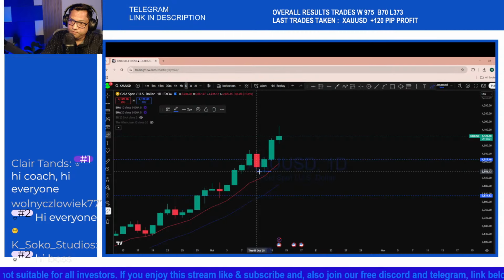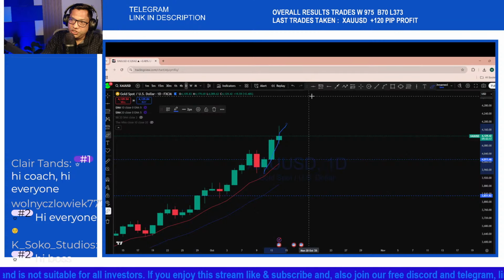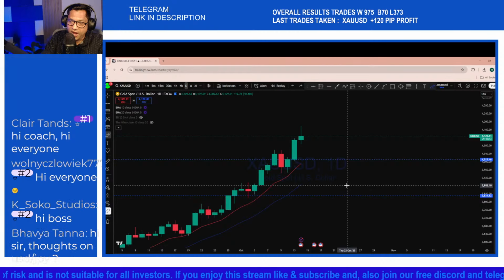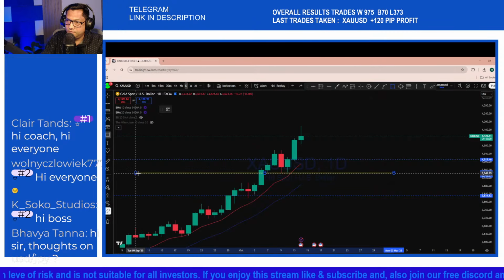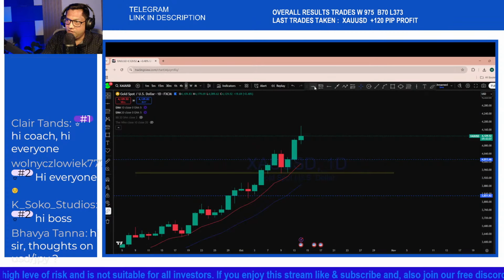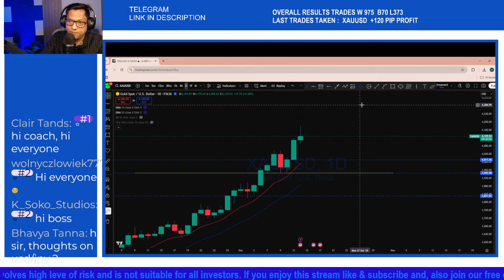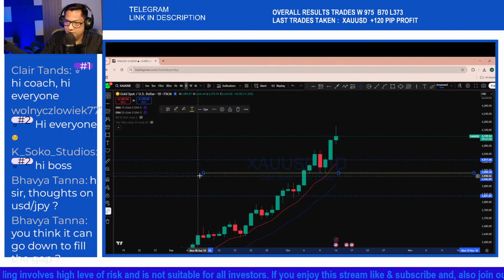From here, we can see a clean bullish impulse to the upside, where a key support level, and in that key support level, the market has made its move back here in that area.